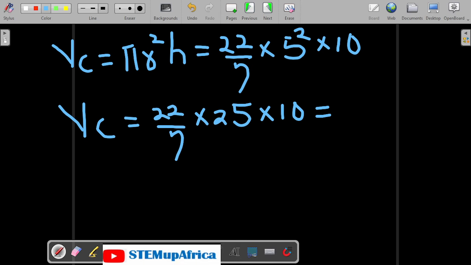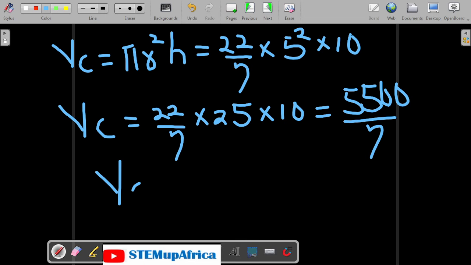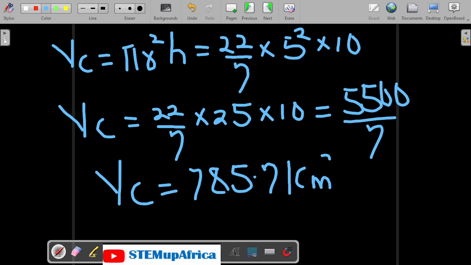Multiply the numerator, 22 times 25 times 10, that will give me 5,500 divided by 7. So VC, the volume of the cylinder, is 785.71 cubic meters.